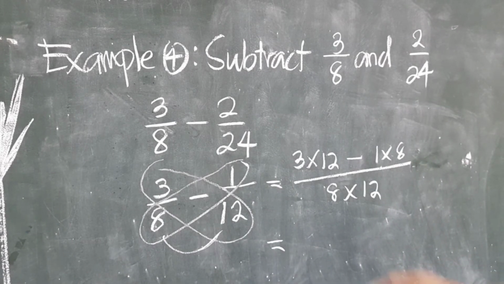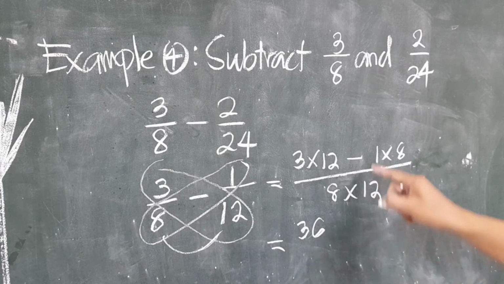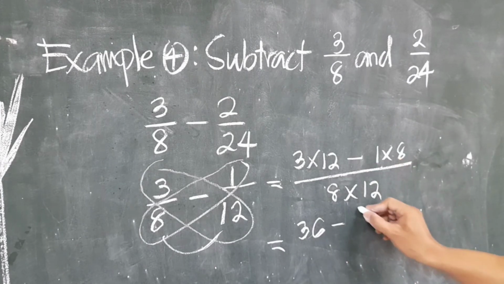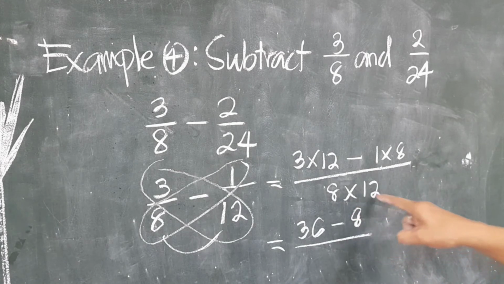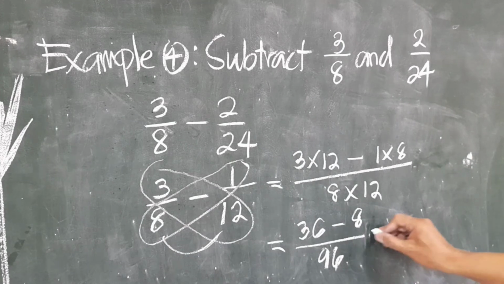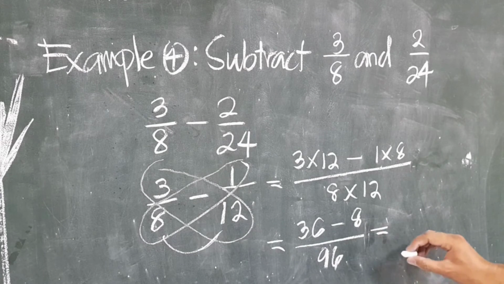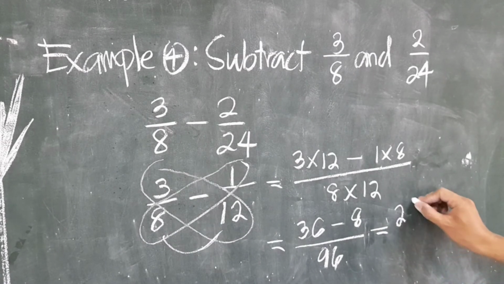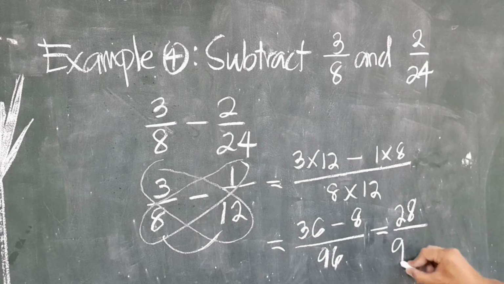So we have 3 times 12, we have 36. Minus 8, all over 8 times 12, we have 96. So we have now 36 minus 8, so we have 28, all over 96.